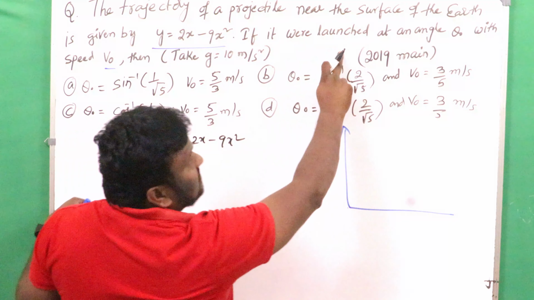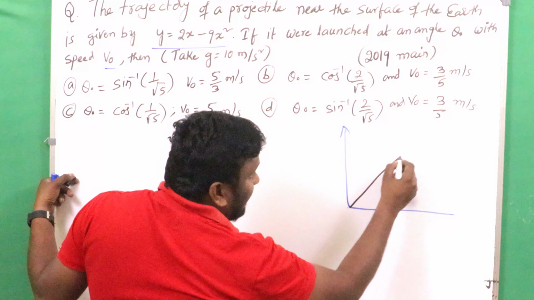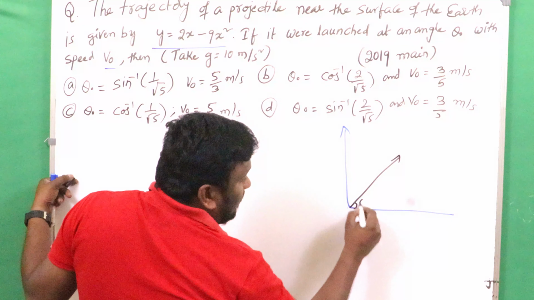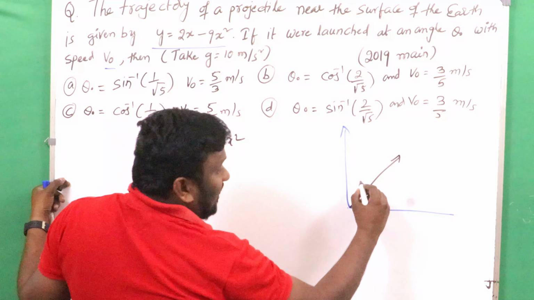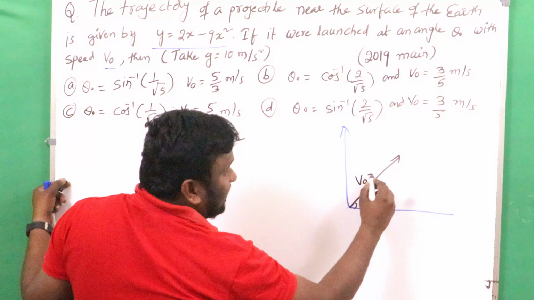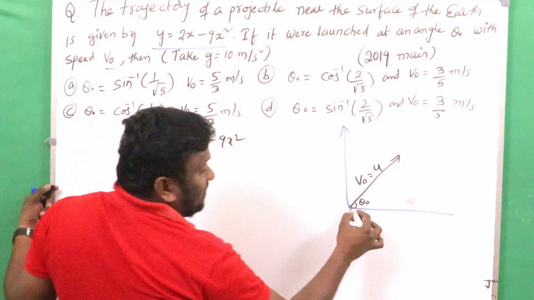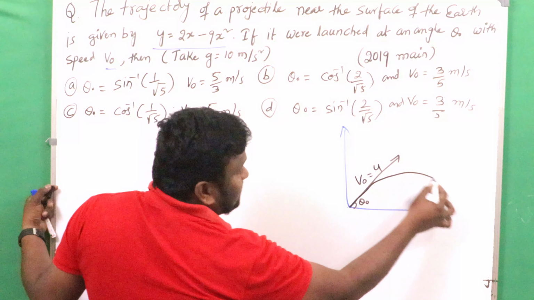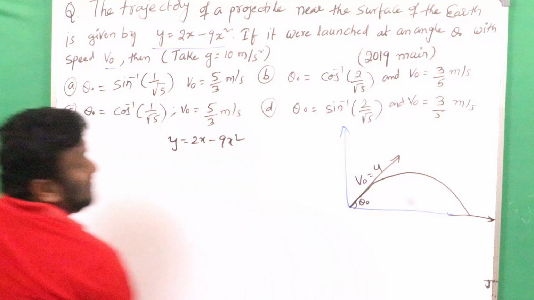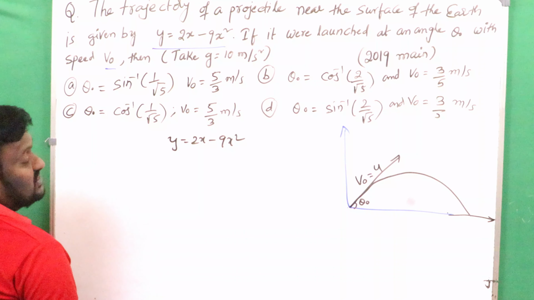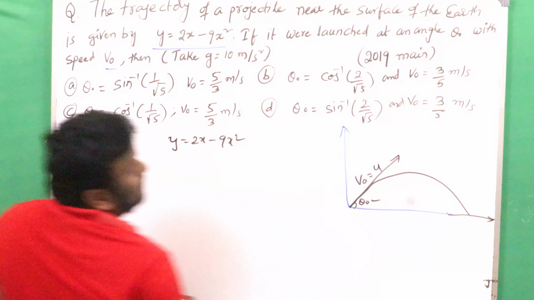If it were launched at an angle theta naught, so we are launching the projectile with an angle of theta naught and its velocity is v naught, which I am going to take as u. Then obviously it will follow this path under the influence of gravitational force. Now in this case we have to find the theta naught value and the v naught value.